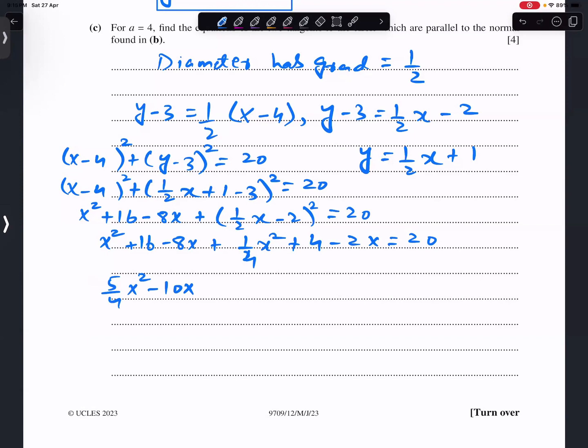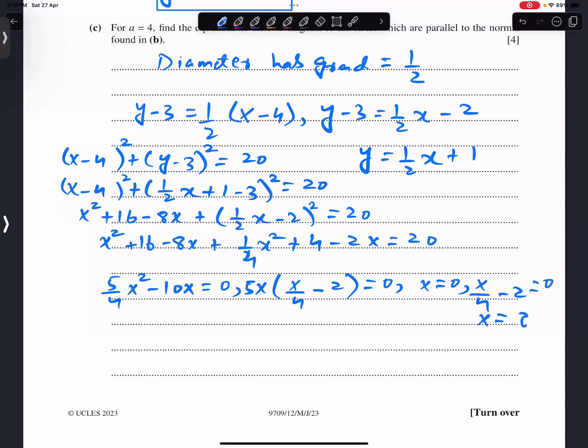Cancel out, so x common, no, 5x common. So x over 4 minus 2 equal to 0. So x is 0 and x over 4 minus 2 is 0, so that means x is 8 and x is 0.